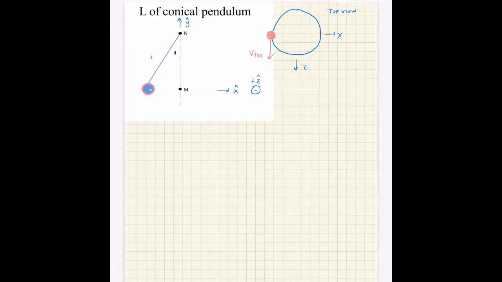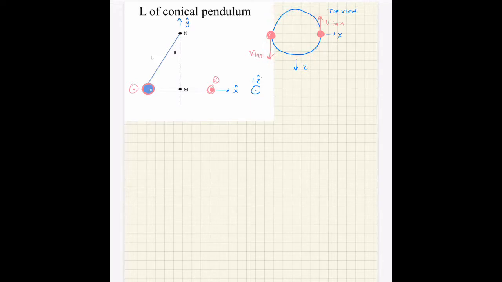And that also means that when it's over here, it's going to be moving with a constant tangential velocity into the board. So right now, the velocity vector is out of the board tangentially, and if the mass is over here, it's going to be into the board. Into the board, that's the minus z-hat direction. But it is moving tangentially, right? At different points, it's tangential as it moves around that circle.